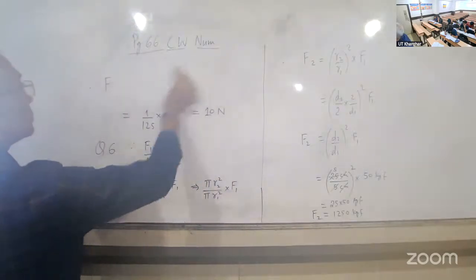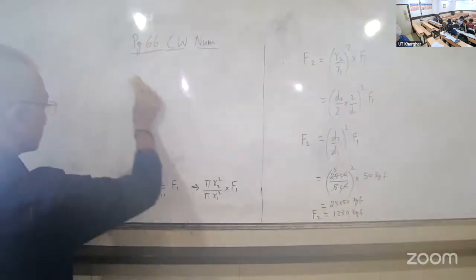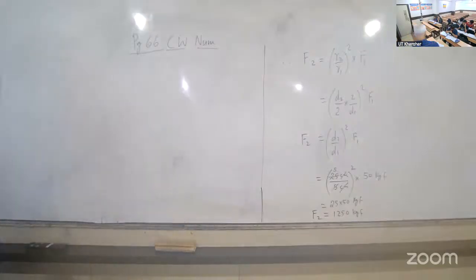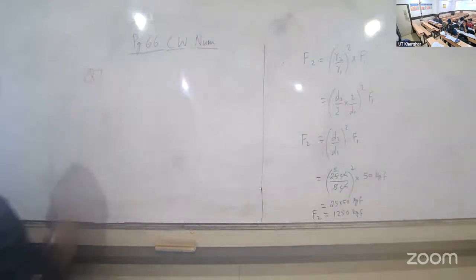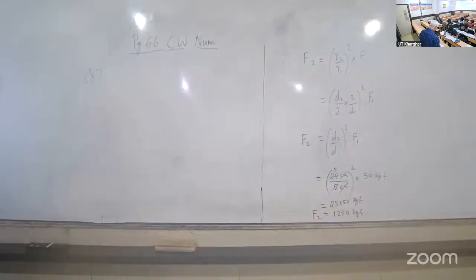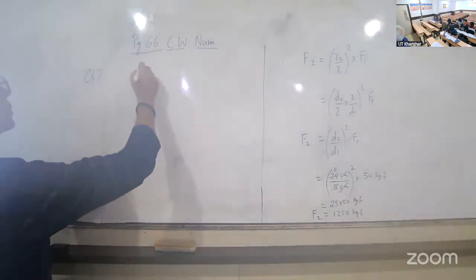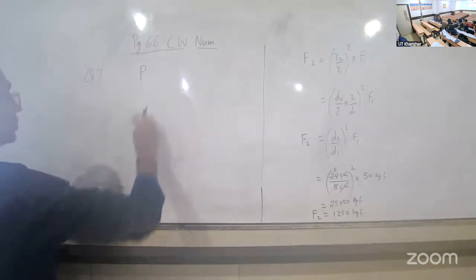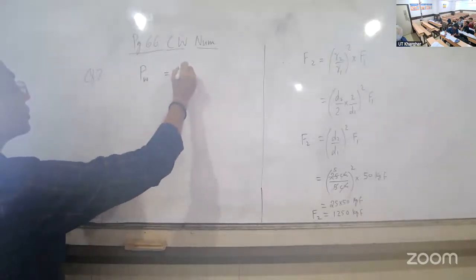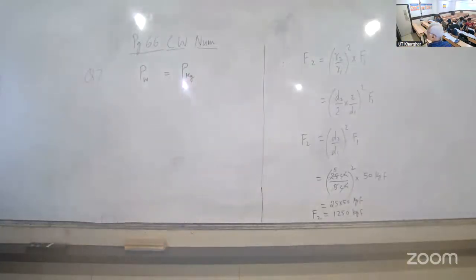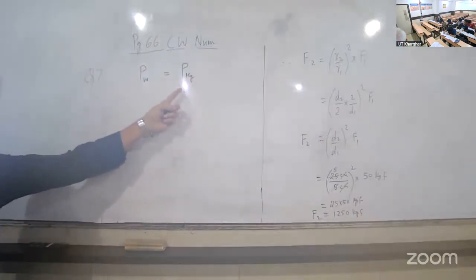Okay, let's try this now. In question 7, the pressure is first measured using a mercury barometer.